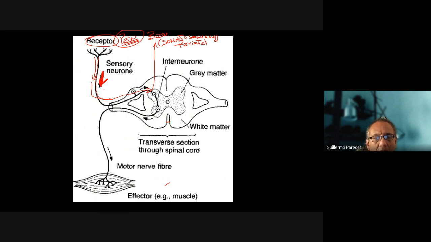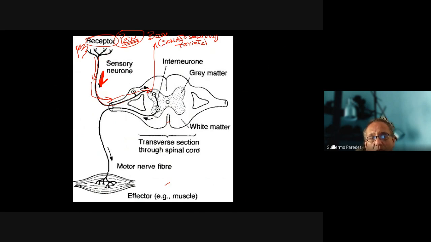So look at this: the stimulus is going to go from your fingers. This is your hand, let me draw your hand here, touching something hot. The pain sensation is going to get here. It's an electrical impulse, because you're activating the receptors, the Pacini receptors, for example, that are for pain and touch.